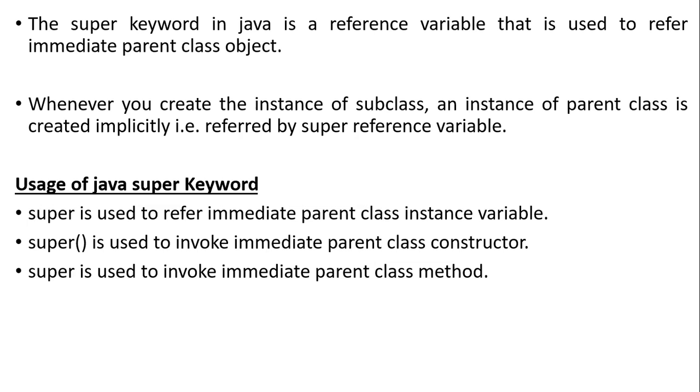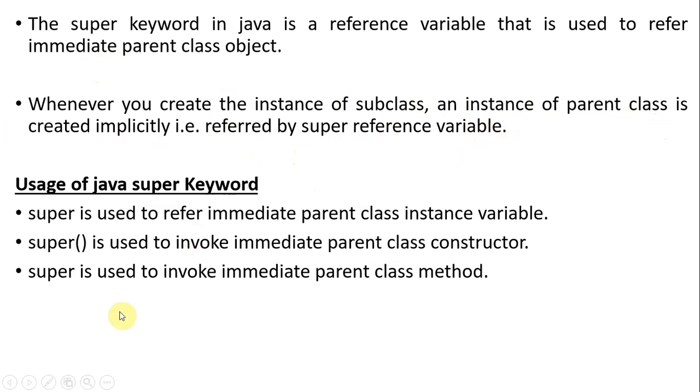If anything is specified by the programmer, it is called explicit. So the instance of the subclass is created by the programmer, but at the same time, implicitly, an instance of the parent class is also created. That particular instance is referred to by the super keyword, so that reference variable is nothing but the super reference variable.